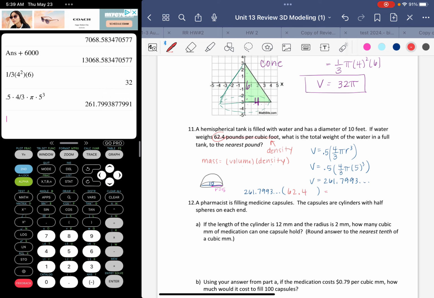So in the calculator, I'm just going to hit times 62.4. And that gives me 16,336.2. They said nearest pound, so I'm going to leave it as 16,336 pounds. So that's how much that tank would weigh if it was filled with that much water.